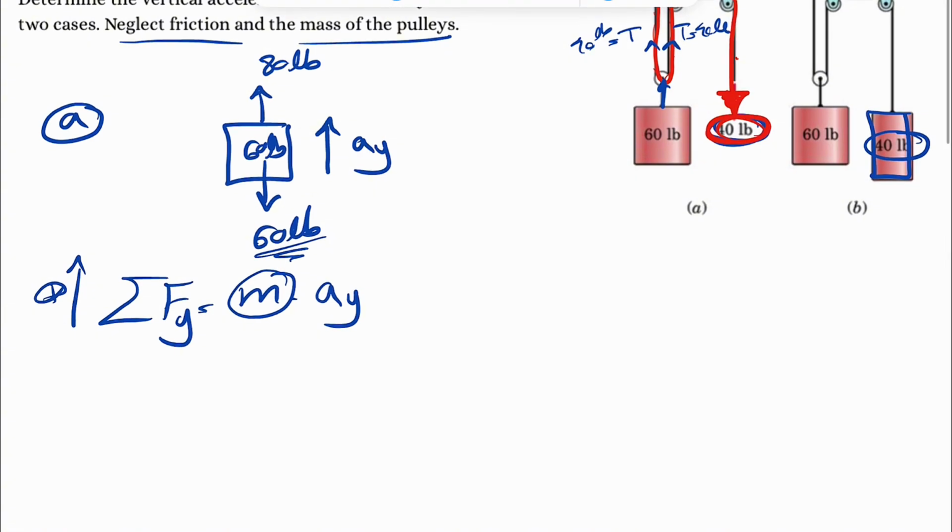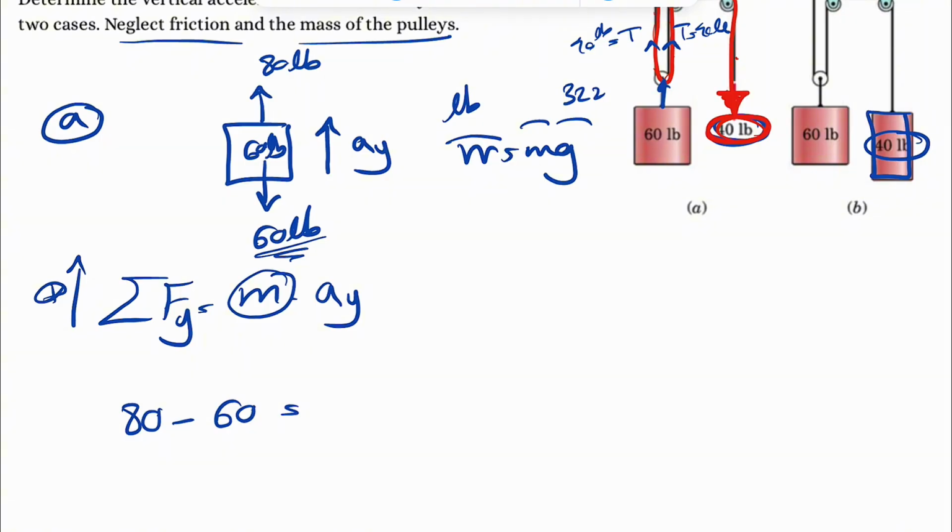So the acceleration would be in the y direction, and keep in mind that we need mass, we have the weight in here. So the forces that we have are 80 pounds minus 60 pounds is equal to mass times acceleration. We know weight is equal to mass times gravity, and because this is in pounds, the mass has to be in slug units, which means our g is 32.2 feet per second squared.